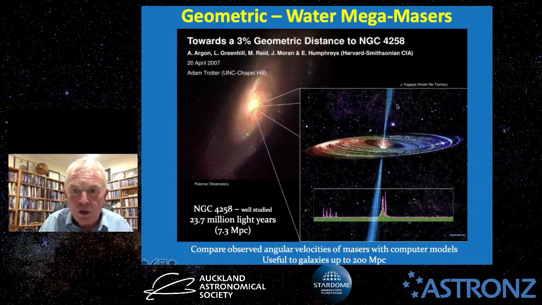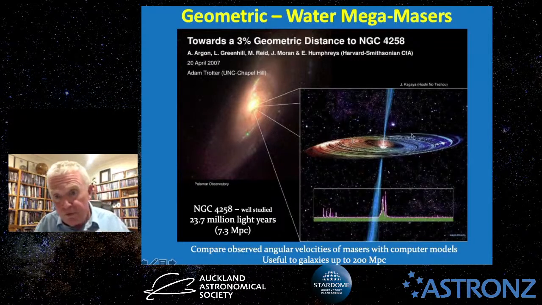Now, what astronomers can do is take a number of observations as things go round and round, and they make a note of the positions, and hence what they call the angular velocity, how these patches and regions emitting masers are moving around in the accretion disk.